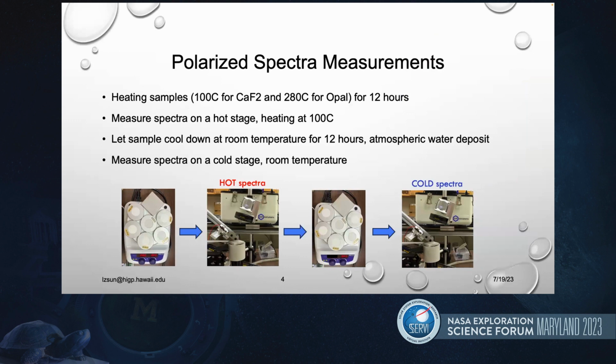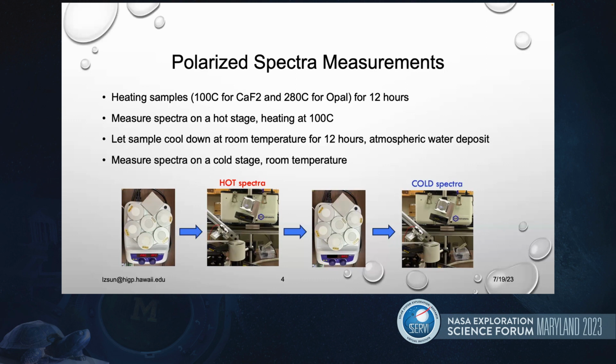Before we measured the spectra, we heated the samples at 100 C for calcium fluoride and 280 C for opal samples for at least 12 hours. Then we staged the sample on the sample stage and measured the spectra while heating it at 100 C to avoid atmospheric water depositing on our samples during the measurement.